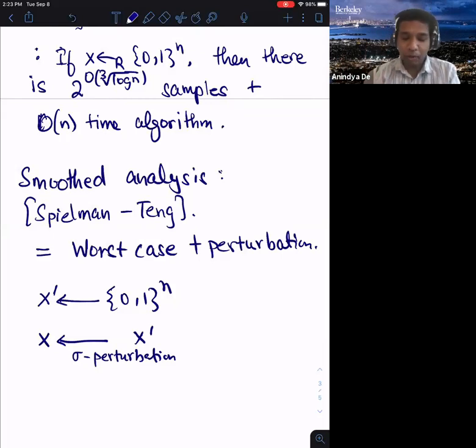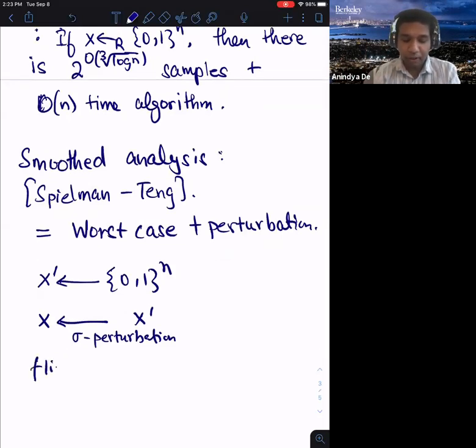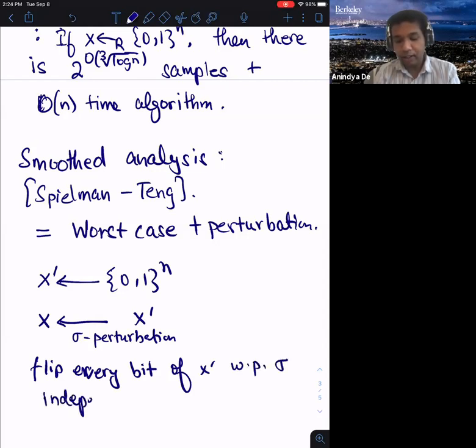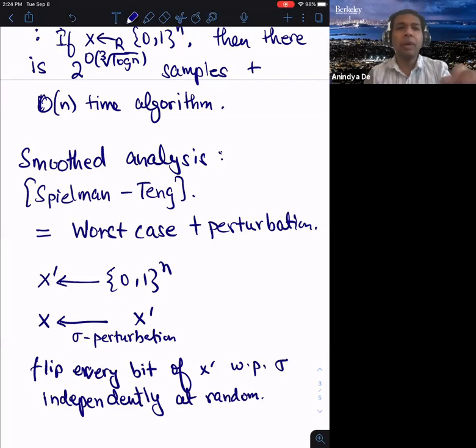By a sigma perturbation, I just mean flip every bit of X prime with probability sigma independently at random. Think of sigma as a small number, maybe 1%, 1 over 100.